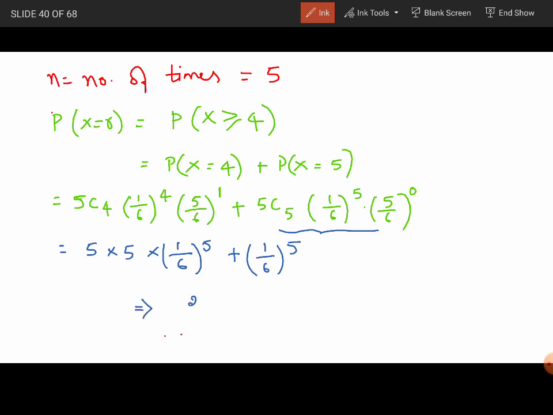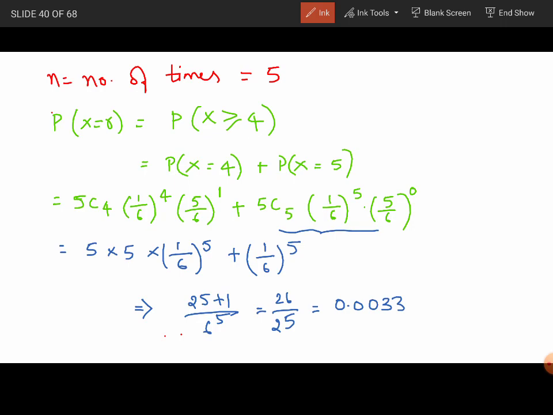I can also write it as 25 plus 1 by 6 power 5, which is equal to 26 by 6 power 5, which is equal to 0.0033.